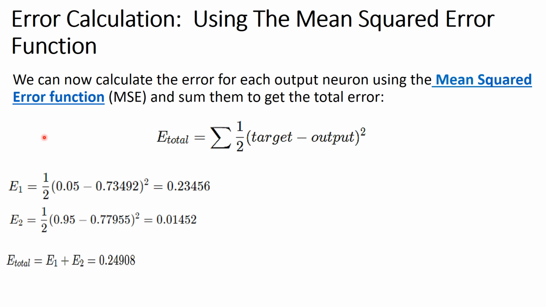After calculating the output of the network, then we calculate the error. We're going to use the mean squared error function. E total equals sigma half target minus output squared.